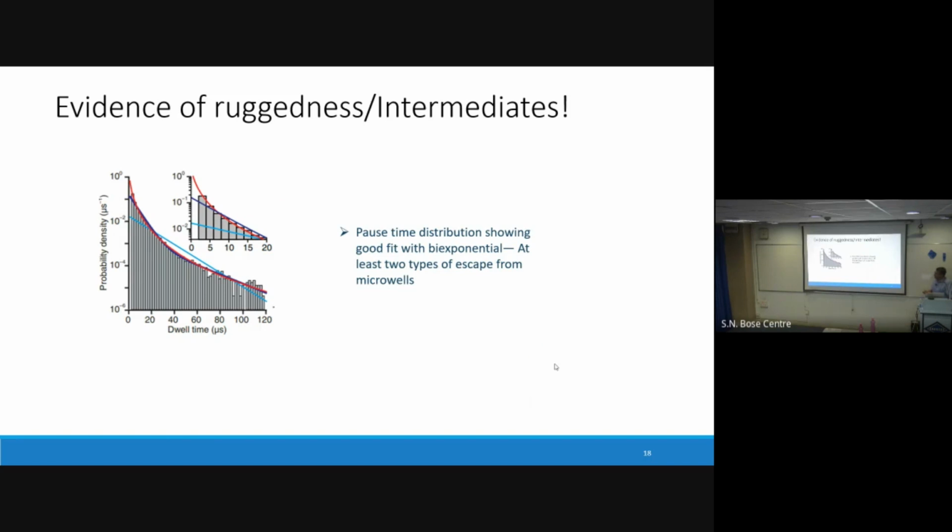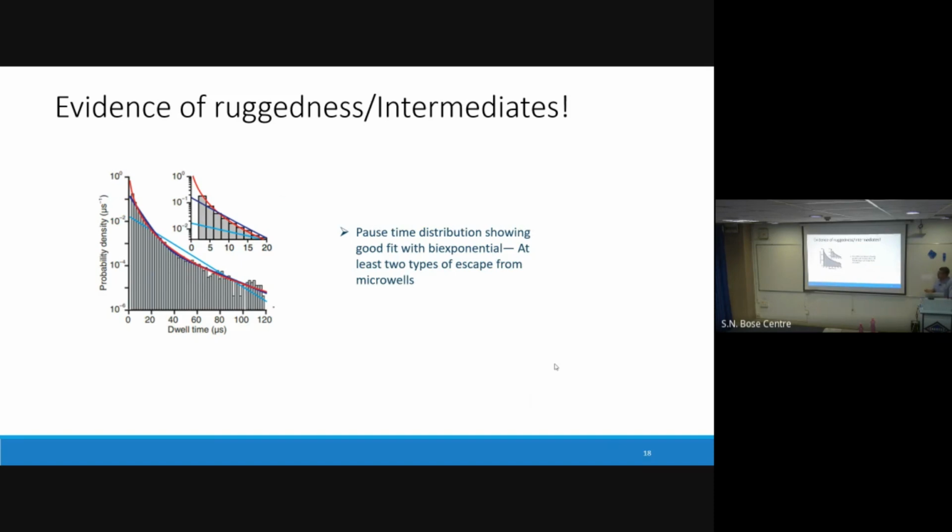Then they plotted the pause time distribution, which is known as the dwell time distribution or the waiting time distribution that I explained earlier. They tried to fit with a single exponential, the pale blue straight line, then a double exponential, which is deep blue, and the red one, which is the rugged energy theory of the landscape, where they consider that the potential energy is rugged, with multiple depths on the potential, giving rise to a logarithmic distribution, and one can get a good fit.